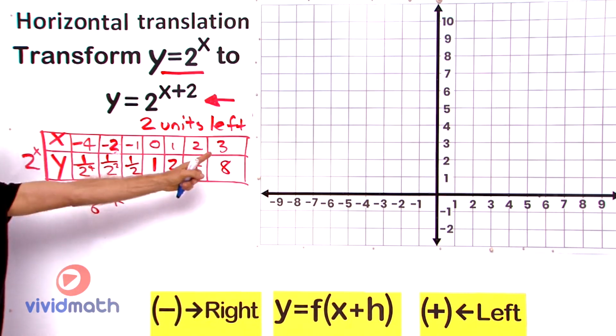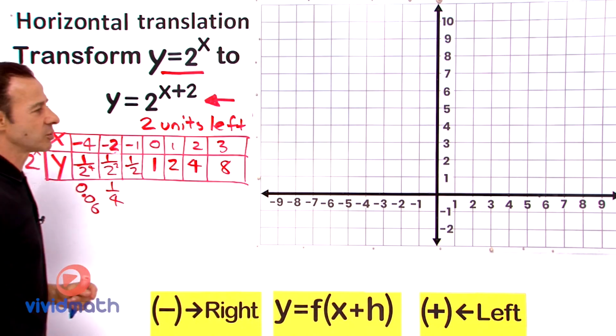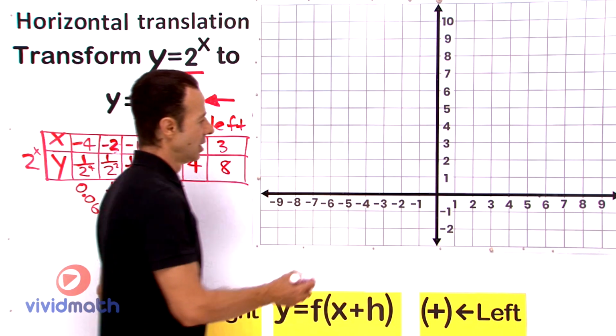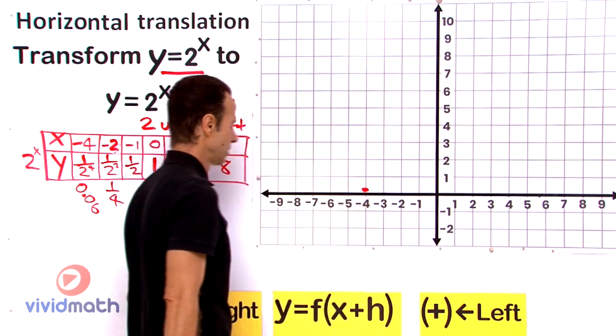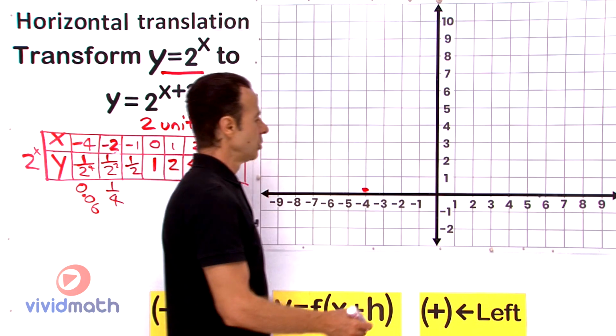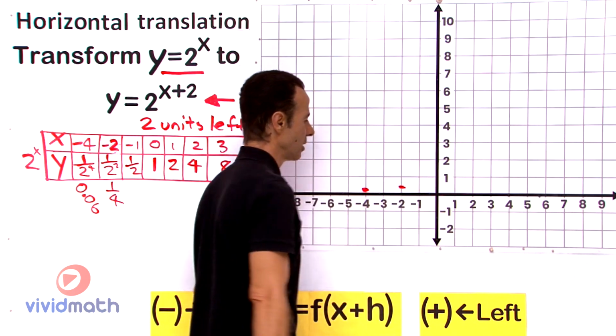All right, all we need to do is plot the parent function, y equals 2 to the power x. At -4, 0.06, really tiny. That's going to be around there. -2 is 1/4, right there.